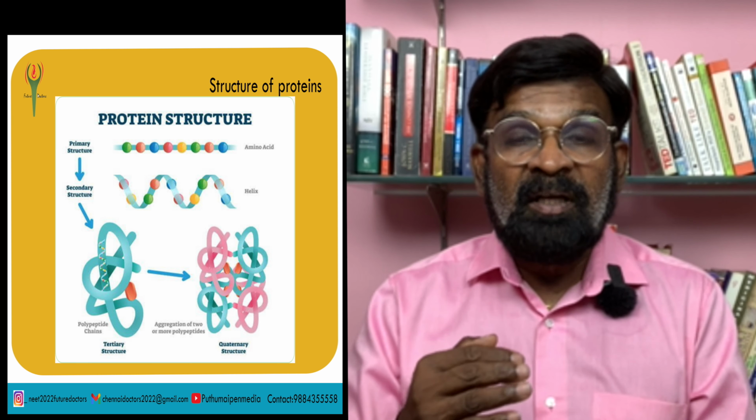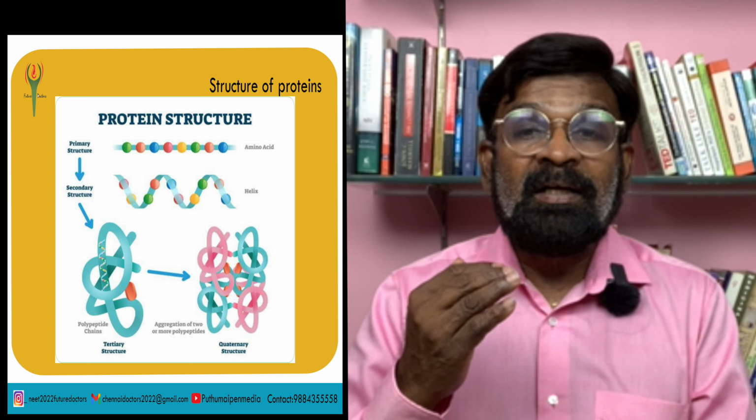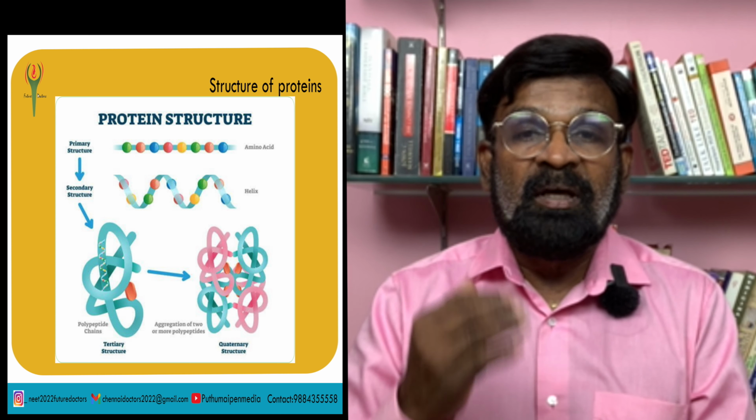This includes the number and sequence of amino acids in each polypeptide. The distance between two adjacent peptide bonds is about 0.35 nanometers.